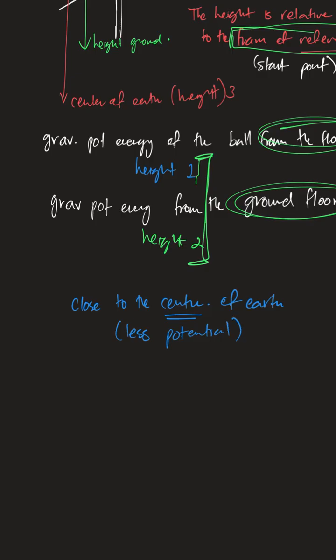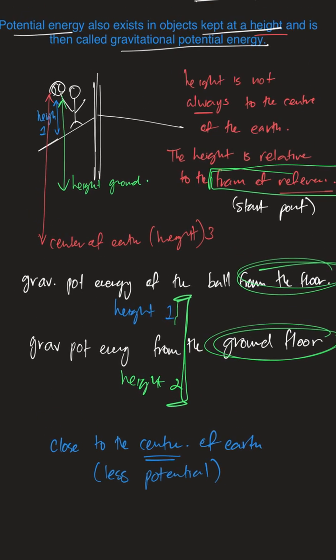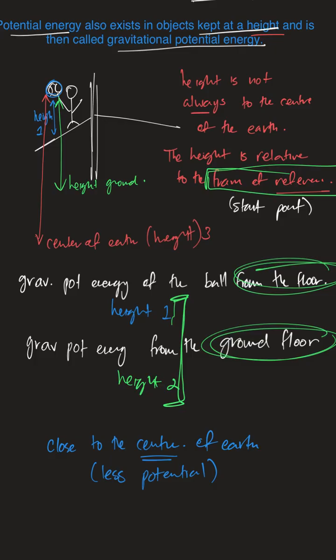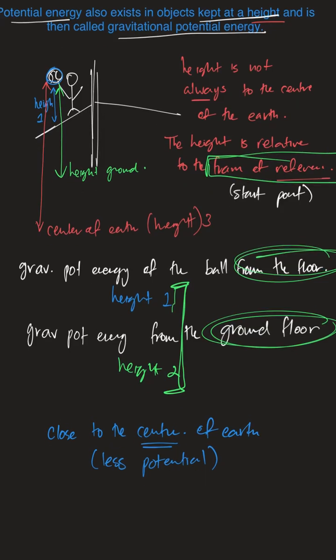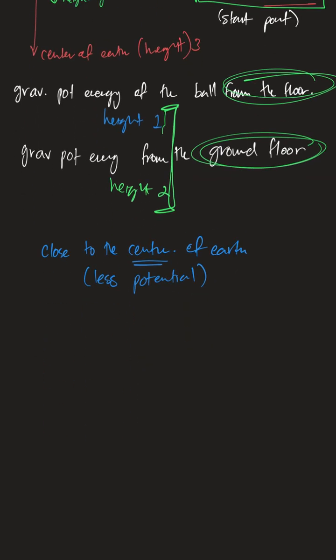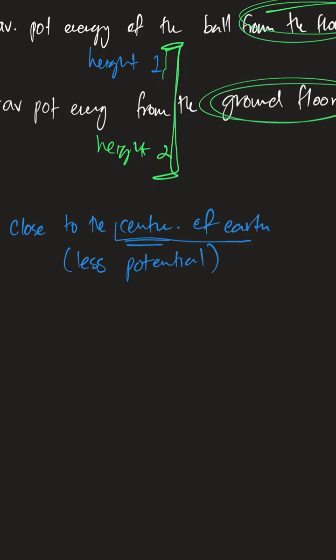Think about it like this. Like with the ball that I was going to hold here and I was going to drop this ball to the ground floor. It has further to go if I was going to say center of the earth. But if I was going to say the floor, it doesn't have that far to go. So the closer you are to the center of the earth, or even, sometimes we're going to use the frame of reference, then you have less potential.